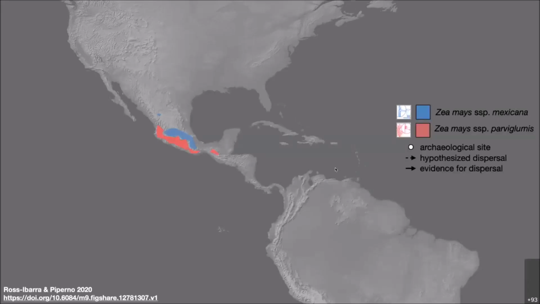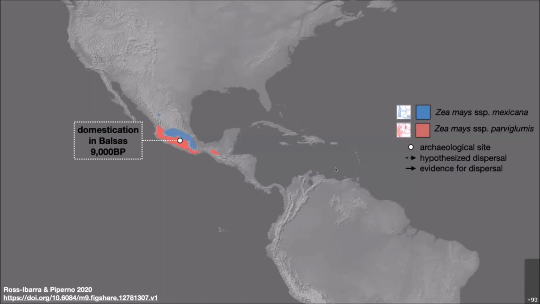And this genetic work, combined with archaeology, led us to our understanding, at least until very recently, of maize origin and spread. So I'm showing the natural distribution of Parviglumis here on the left, and Mexicana here in blue. Maize was domesticated in the Balsas region of Southwest Mexico, we know from archaeology about 9,000 years ago.